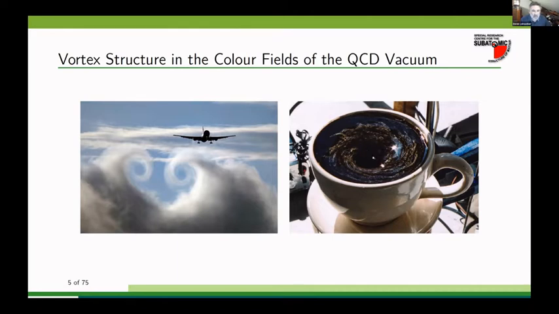In 3 dimensions, it's just a line, but in 4 dimensions, if we were to imagine picking up this coffee cup and moving it around, that line would, of course, map out a sheet in 4 dimensions. So vortices are sheets in 4 dimensions, but just about everything I show you is going to be a 3-dimensional slice of the 4-dimensional world.